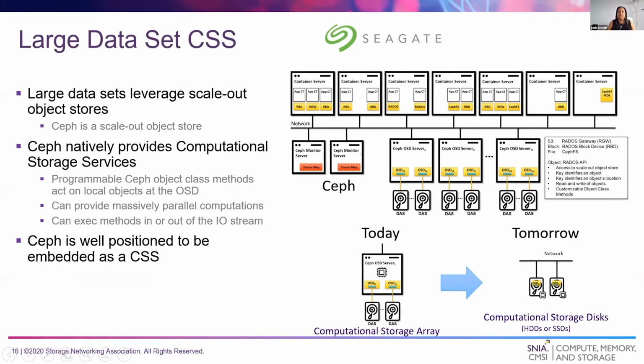And large data sets. Seagate is looking at what to do with NVMe over Fabric to be able to handle very large data sets. And I do have to say AMD is also looking at this with a couple of other storage companies to develop what we can do in a GPU-based environment.